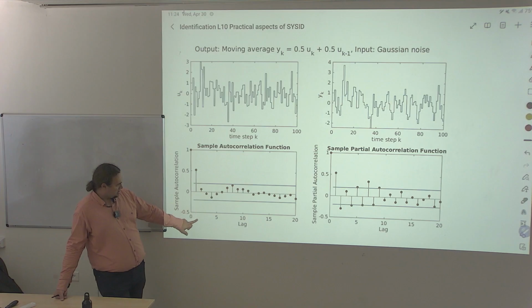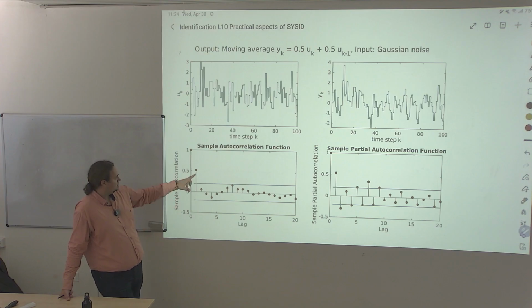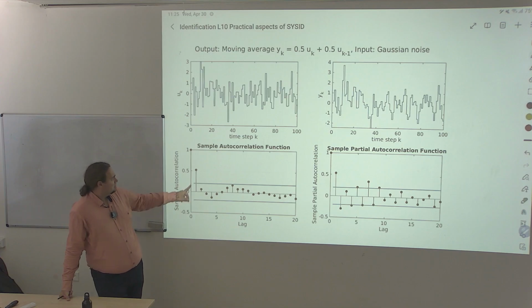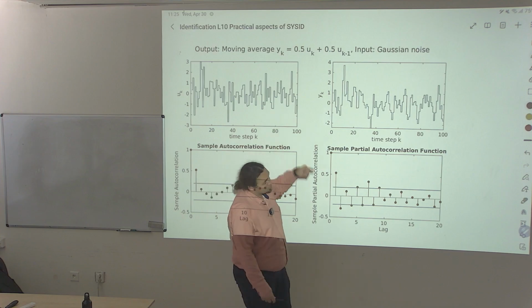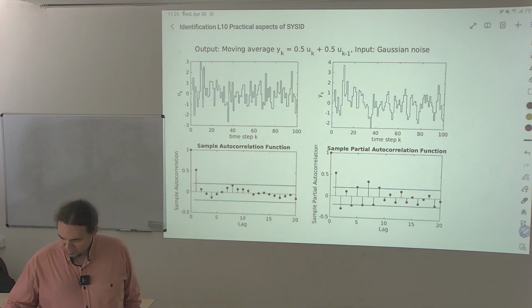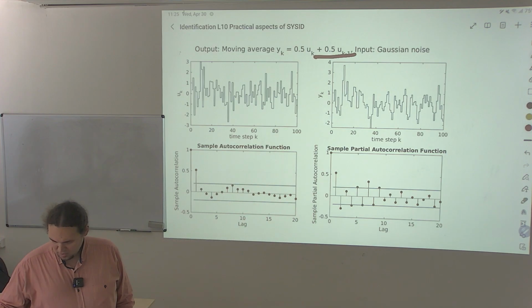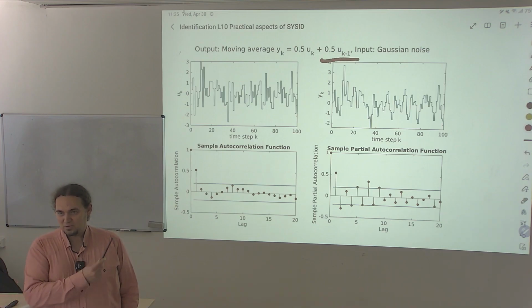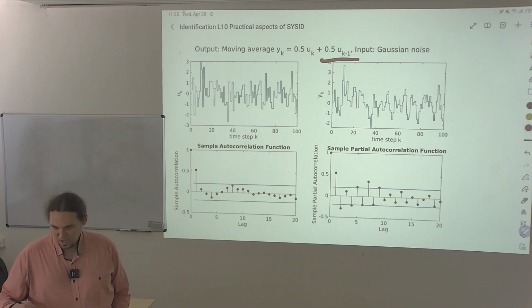So basically it says if I shift the signal by one delay back in time to the past, the signal will be correlated with itself to a certain degree. So what is this telling us? Well, it's suggesting this fact that yk is a function of uk minus 1.